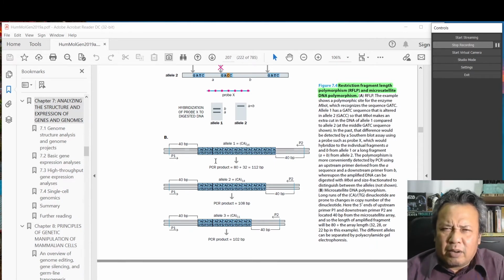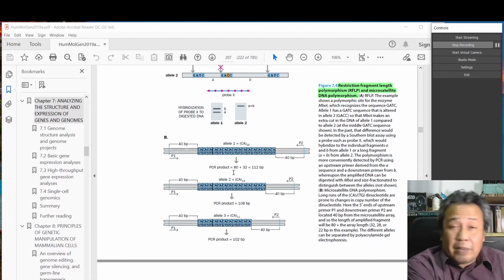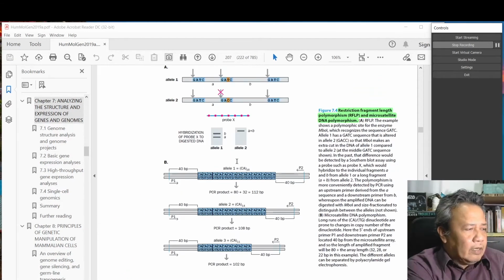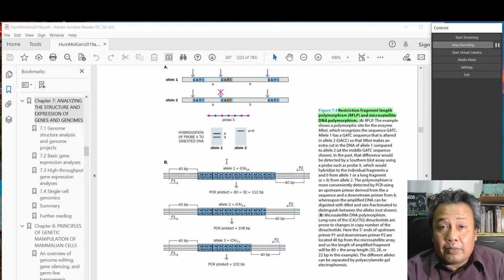But you're not talking about mistakes that occur every day. You're talking about evolution over hundreds and thousands of years. But there is an evolution. So these are the microsatellites, and I think the current map is actually based on microsatellites.